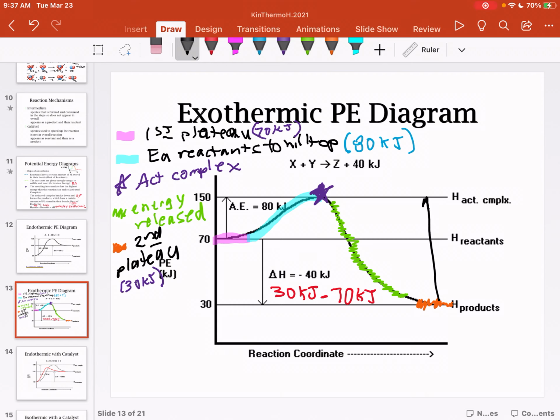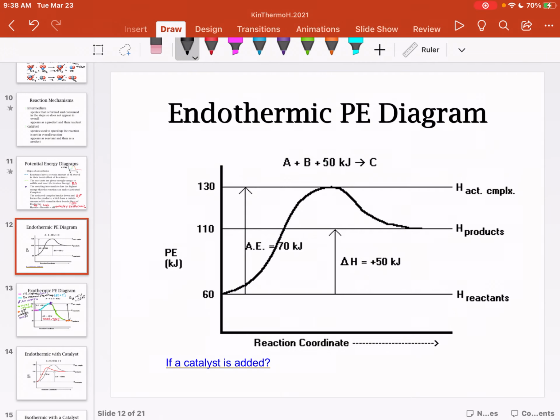So my activation energy of my reverse reaction, should I need it, would be the difference between 30 and 150, which is 120 kilojoules. So you can see that these graphs can be read numerically. So we start off high, get low, and that's a good example of an exothermic potential energy diagram. And once we know one thing one way, we can know the exact opposite is true.